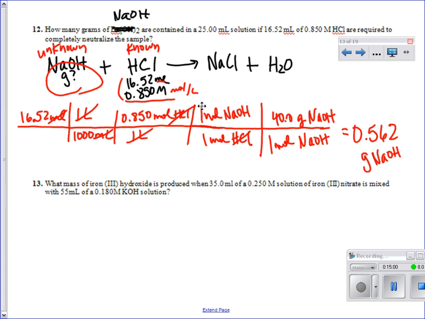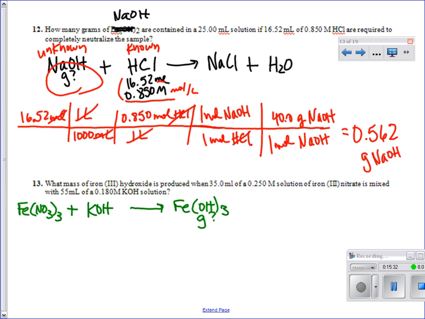What mass of iron(III) hydroxide is produced? So we're producing ferric hydroxide. What's the subscript here? 3. So we're looking for mass when 35 mL of a 0.250 molar iron(III) nitrate is mixed with 55 mL of KOH.